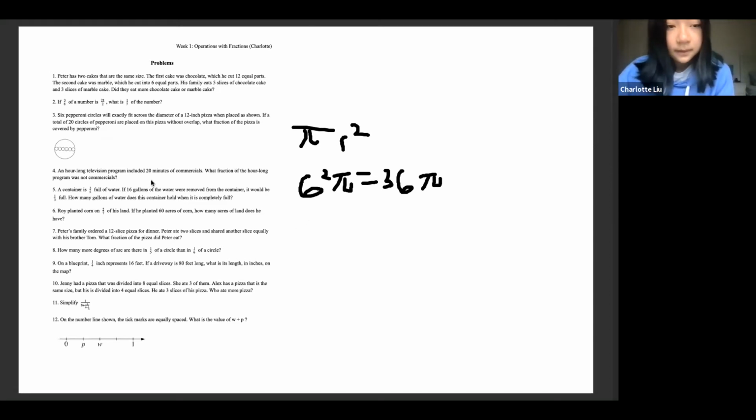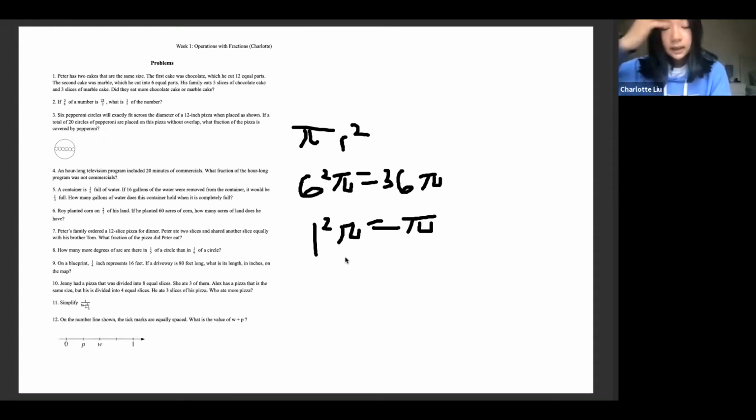That means the area of one pepperoni is 1 squared times pi, which equals pi. Now, there are 20 of these, so the total area of all the pepperoni would be 20 pi.